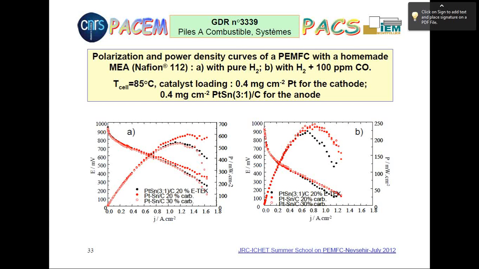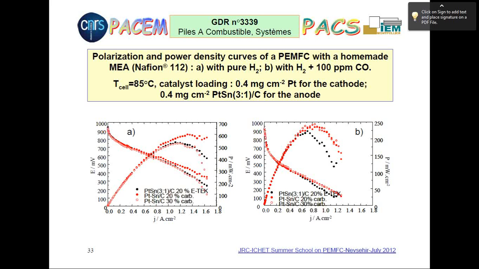Experimental result with platinum electrode and platinum tin. Platinum tin has good behavior. So you have a comparison between ETEK platinum tin 3:1 atomic ratio, and platinum tin we prepared in our laboratory.